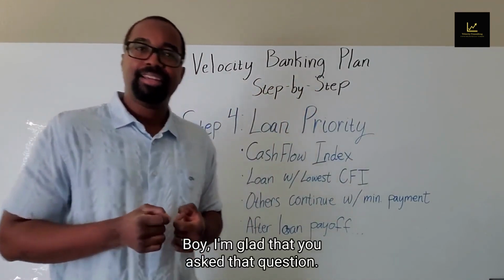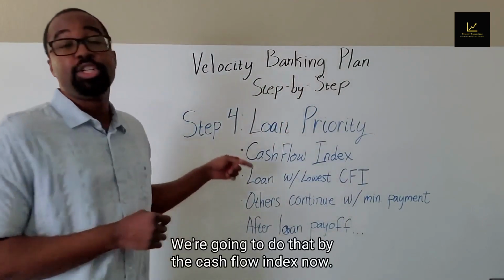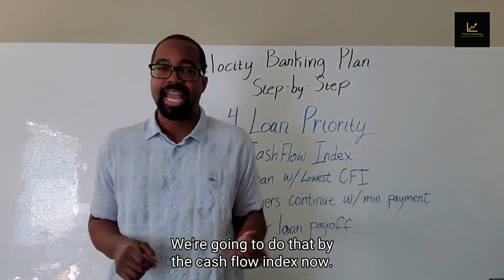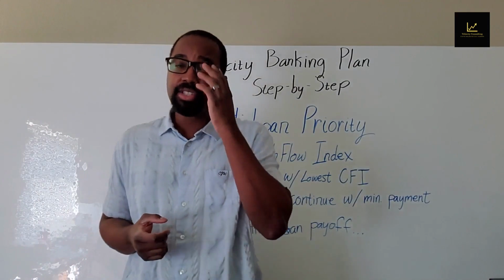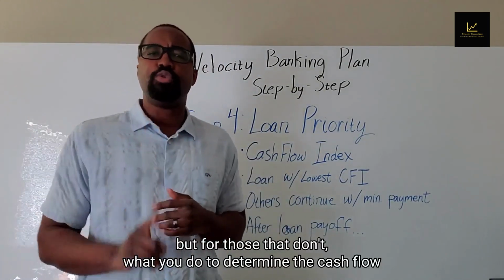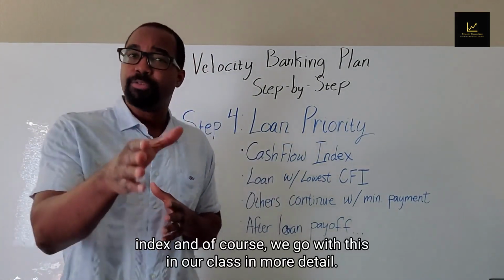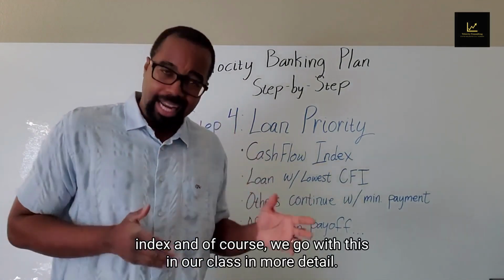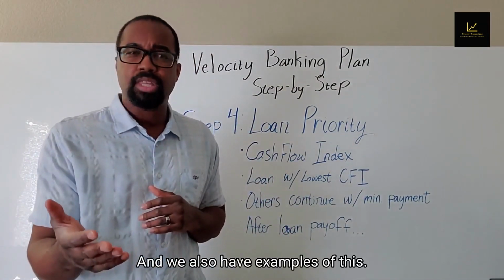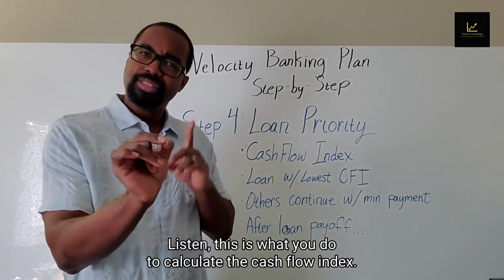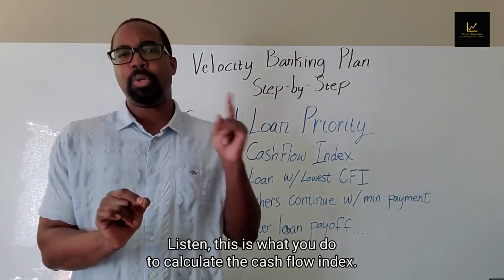How do we do that? Boy, I'm glad that you asked that question. We're going to do that by the cash flow index. Now, a lot of you may already know what the cash flow index is, but for those that don't, we go over this in our class in more detail, and we also have examples of this. This is what you do to calculate the cash flow index.